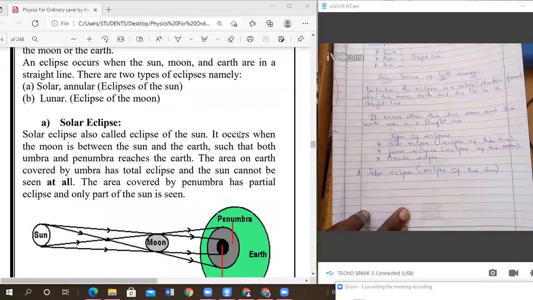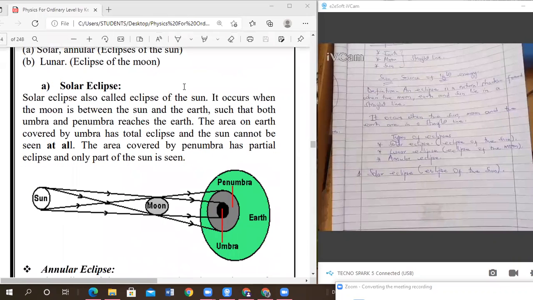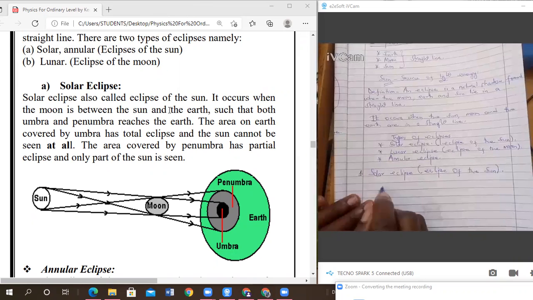You can see from the notes there. We said solar eclipse, also known as the eclipse of the sun, occurs when the moon is between the sun and the earth.